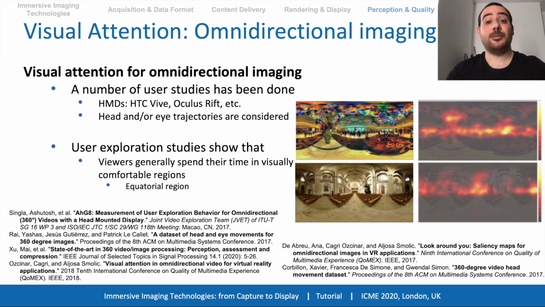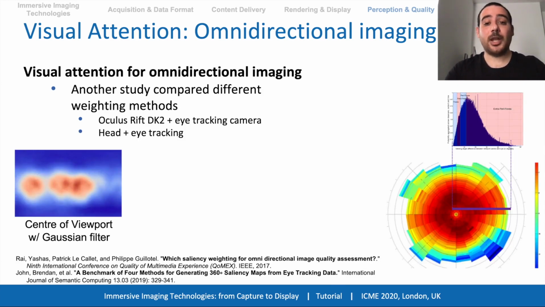Most of these experiments show that users spend their time in the equatorial region. In another work, the researchers analyze visual attention from head-mounted displays, viewport center location, and visual attention from eye tracking data.